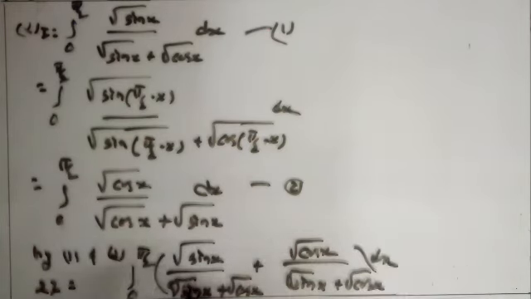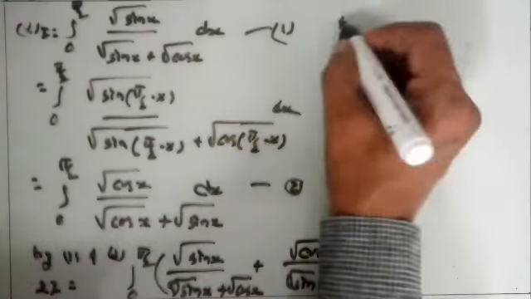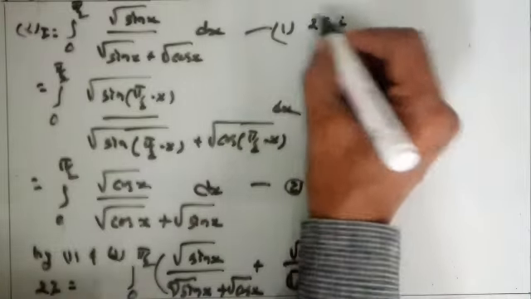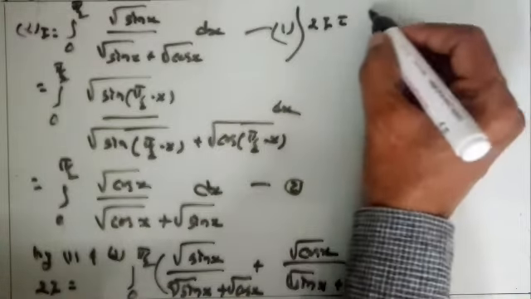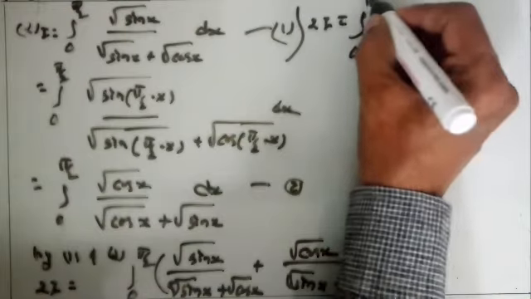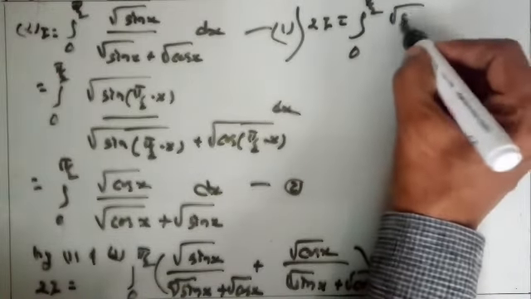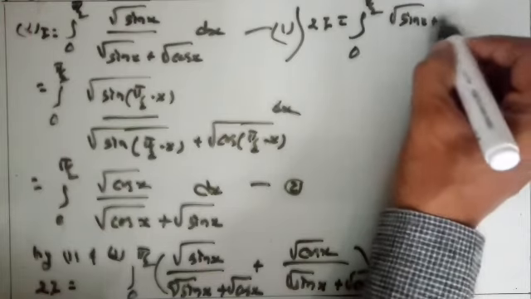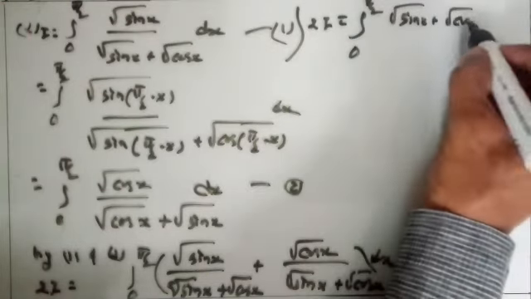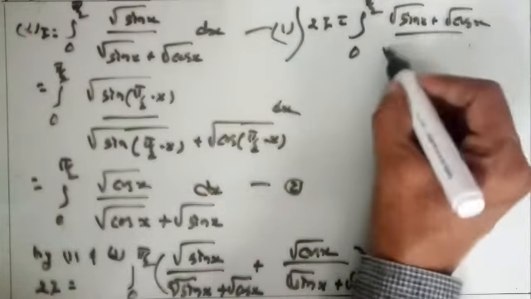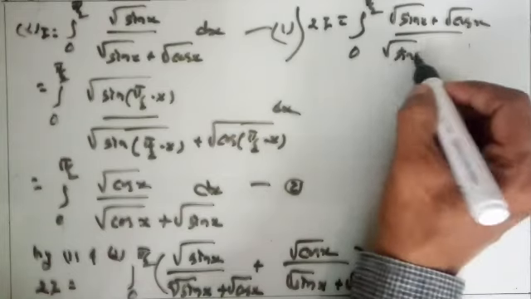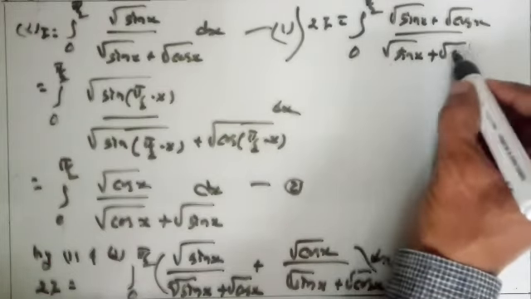Now take LCM. So here we get 2I is equal to integration 0 to pi by 2 root of sin x plus cos x upon the same root of sin x plus cos x. Clear?